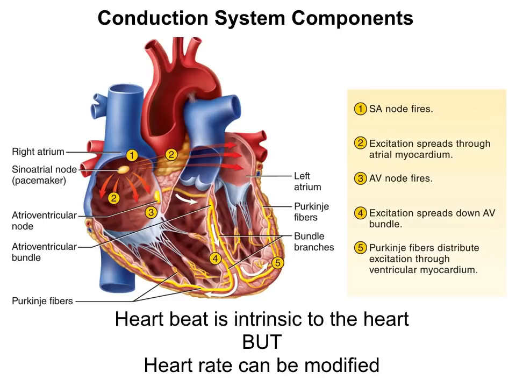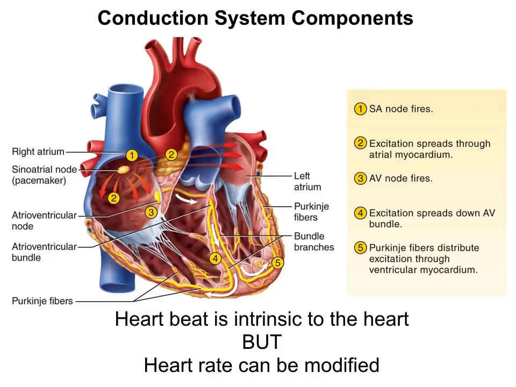The signal is then passed off to the atrioventricular node. The action potential travels along the atrioventricular bundle, down the bundle branches in the interventricular septum, out through the outer walls of your ventricles from apex towards base, causing your ventricles to contract.